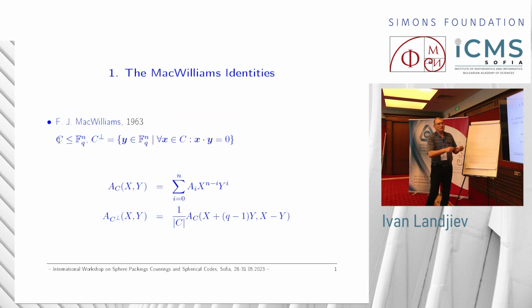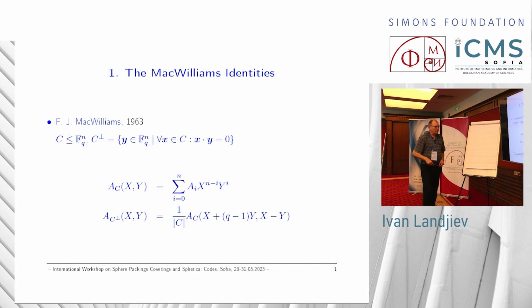The orthogonal code is defined in the usual way, and if the capital A_i denote the number of code words of Hamming weight i, we connect with the code the so-called weight enumerator, which is this polynomial in two variables. I prefer to write this in two variables. It's possible to write it in one variable. And the weight enumerator of the orthogonal code is given by this expression.